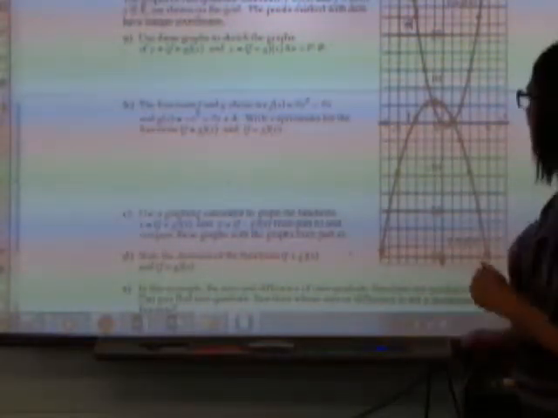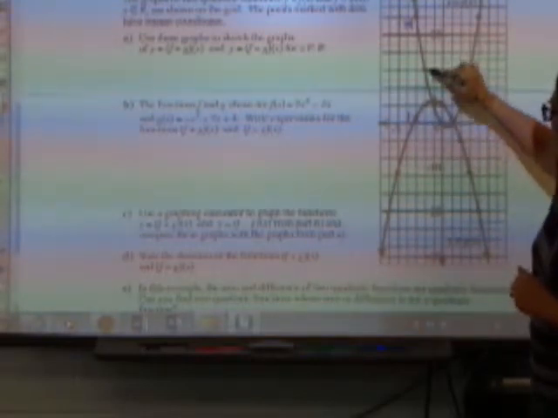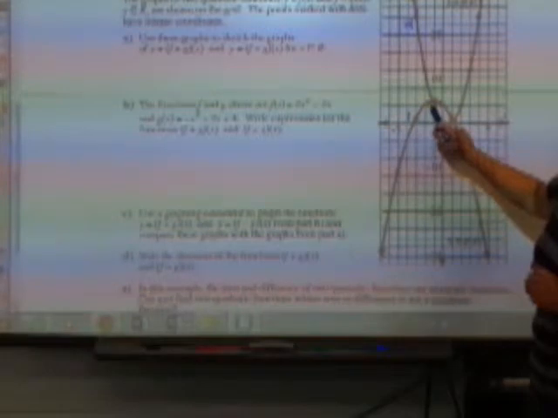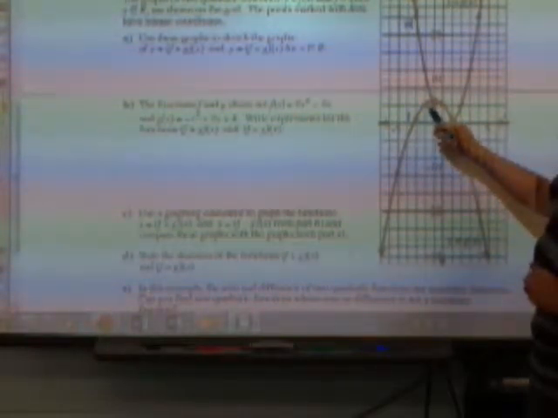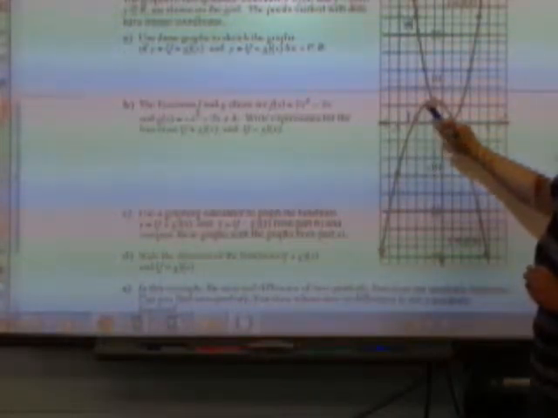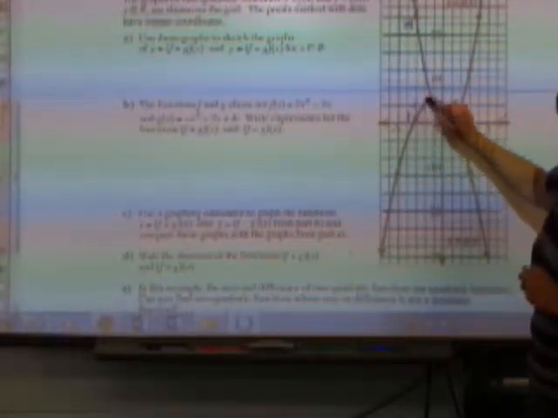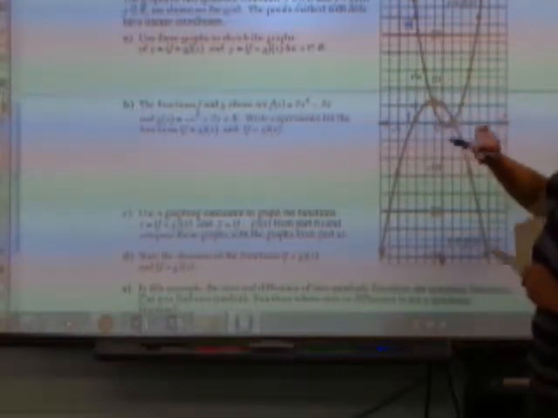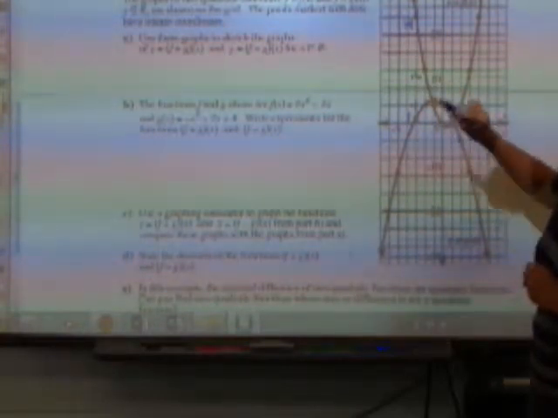So now if I look at when x is equal to -2, what is the value of my quadratic that opens upside down? What was the y value? 4. And the quadratic that opened up had a y value of 12. So when I add them together, I get 16.